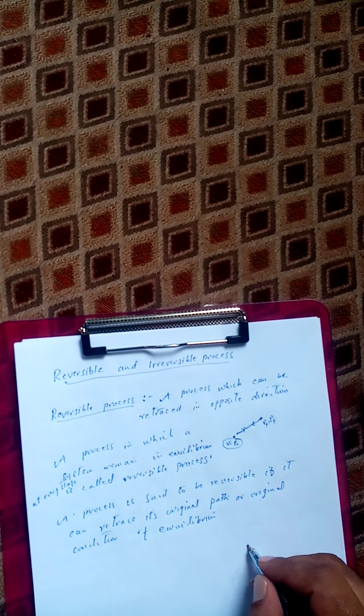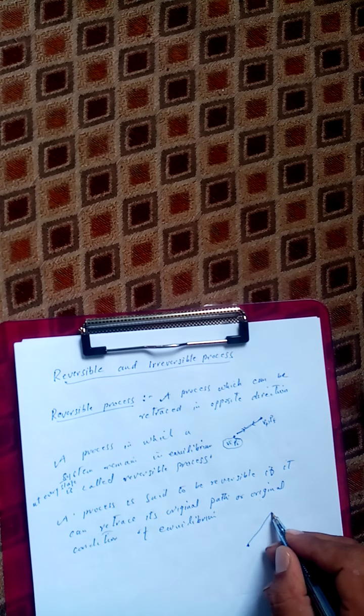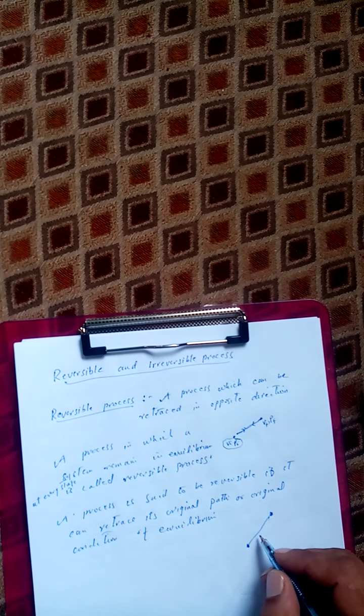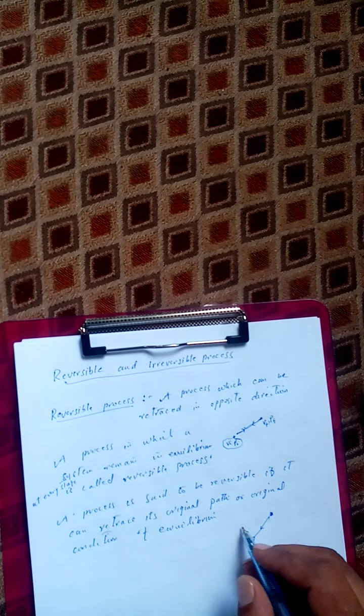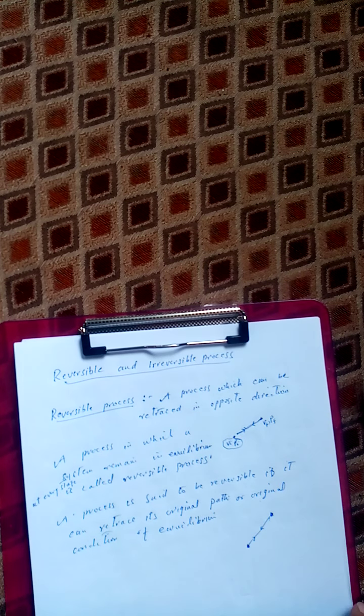Suppose we are bringing a system from initial state to a final state through this path, and we bring the system from final to initial state through the same path, then this process is called a reversible process.